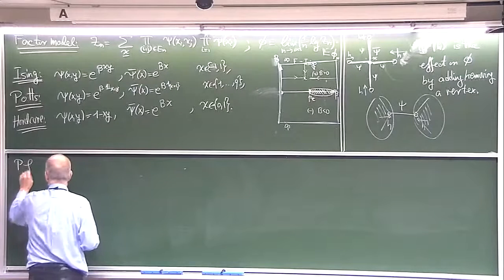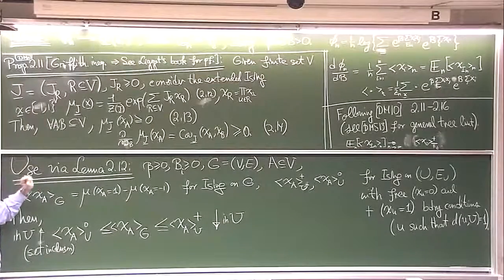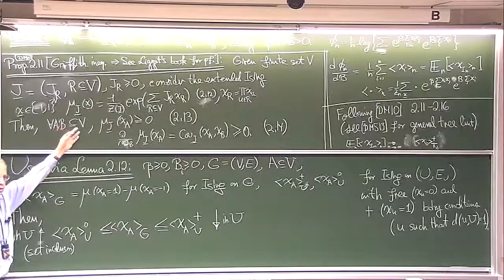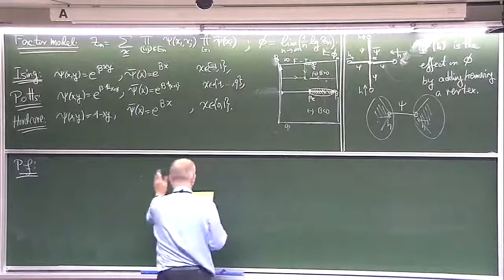So now I'm going to write the proof. I'm writing the proof of this lemma as it is done in this paper, using this one as a black box, which you can read the proof of in this video.